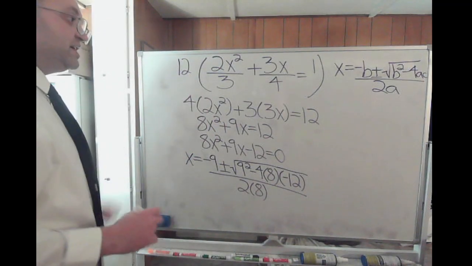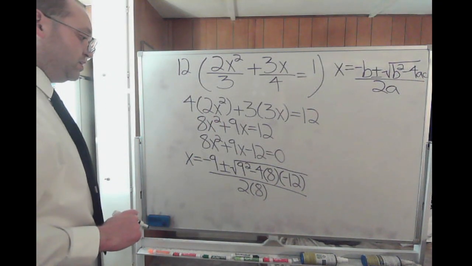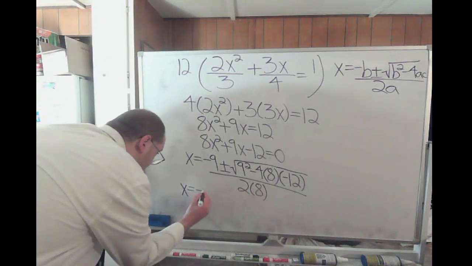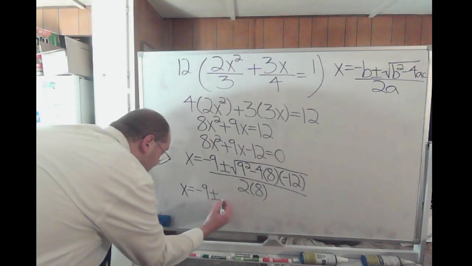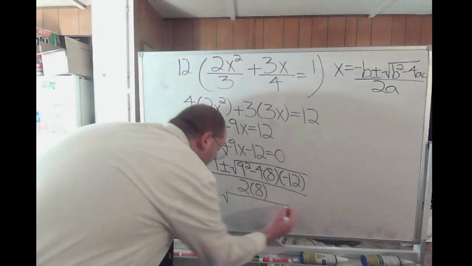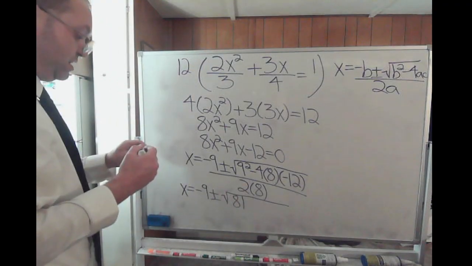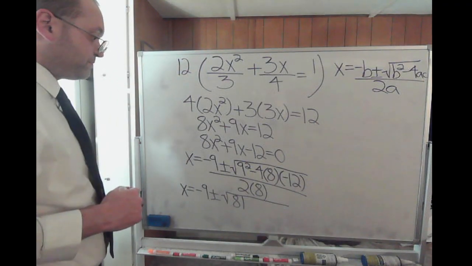So yeah, we just set up a pretty hideous problem here, which means that x is going to equal negative 9 plus and minus the square root of 9 squared is 81.